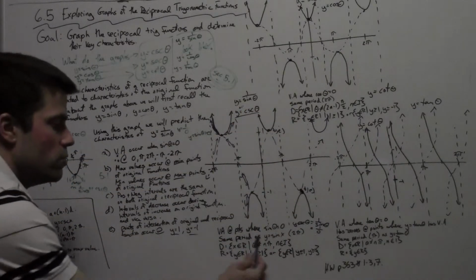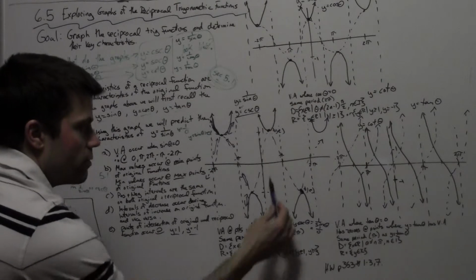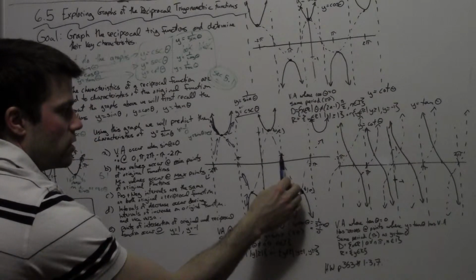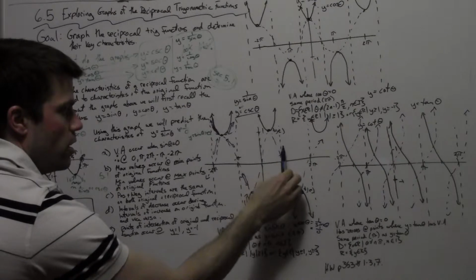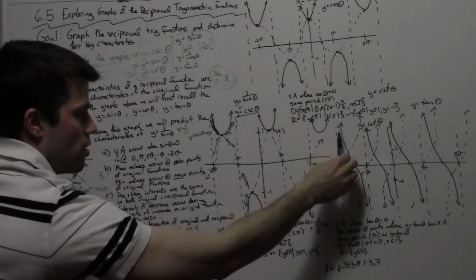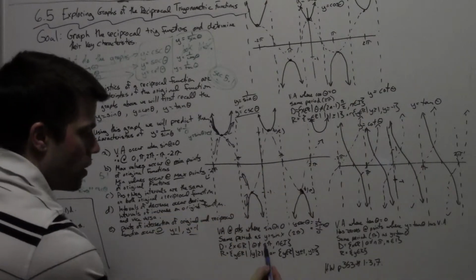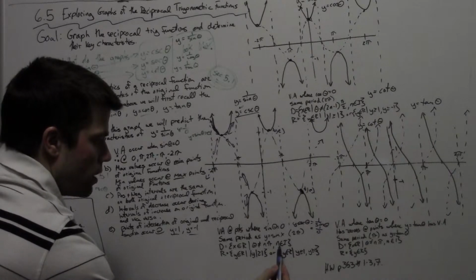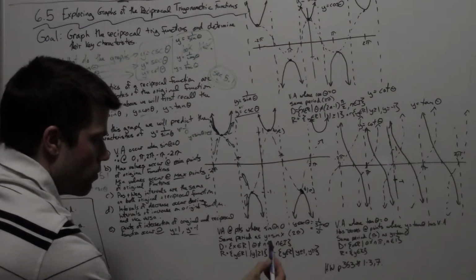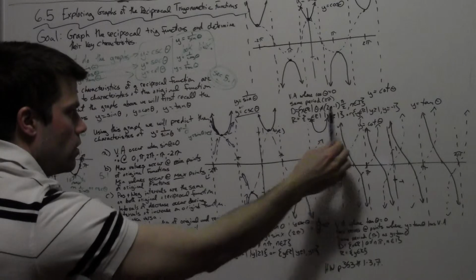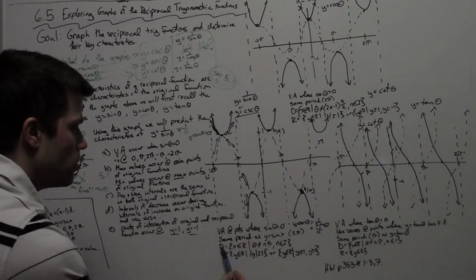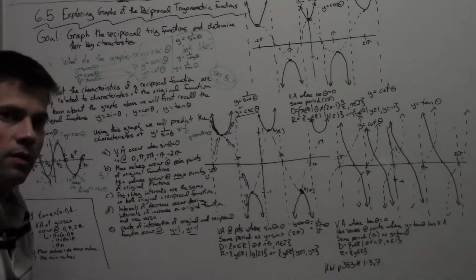If you use any integer for n, you're going to have a multiple of pi, and that gives us a vertical asymptote. So 0, pi, 2 pi, 3 pi, etc. So n represents integer values, 1, 2, 3, 4, and that represents our vertical asymptotes, which are also no-nos for our domain.